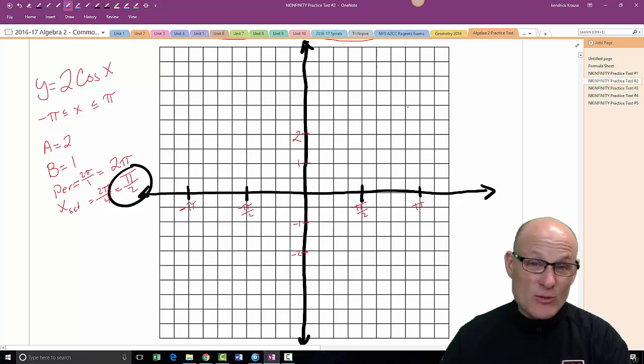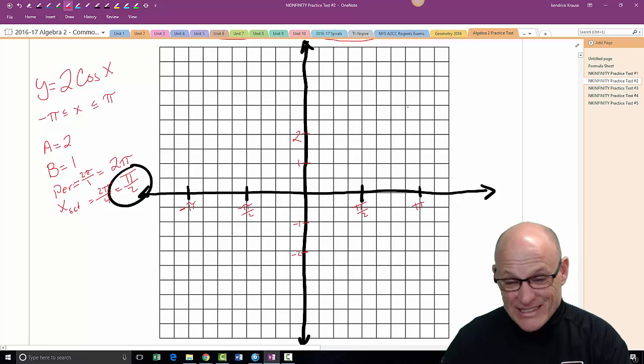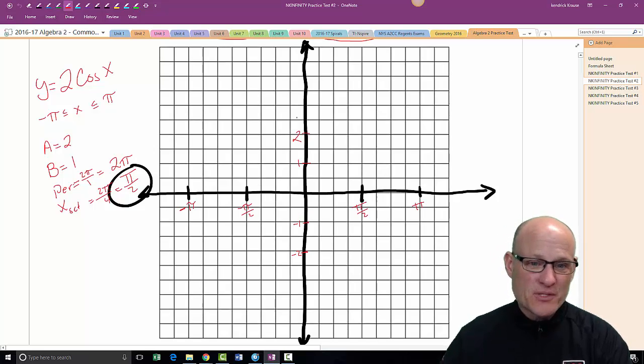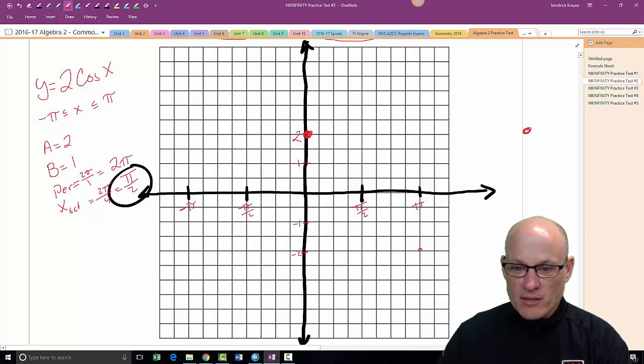Now, we have to be really, really careful. We're not starting over here. We're going to start where we start. We're starting at 2. We end at 2. And in the middle is a minimum. So you got to be careful. We're starting at 2, ending at 2, but I'm not actually going out to pi.